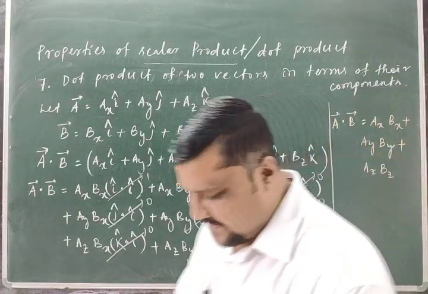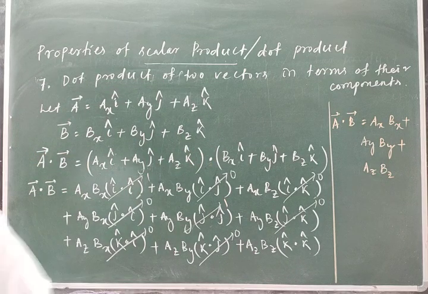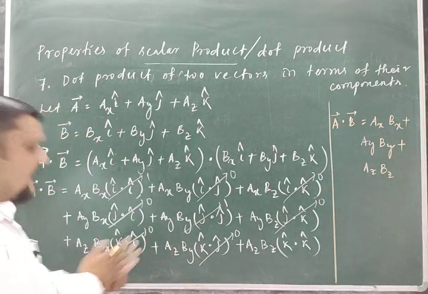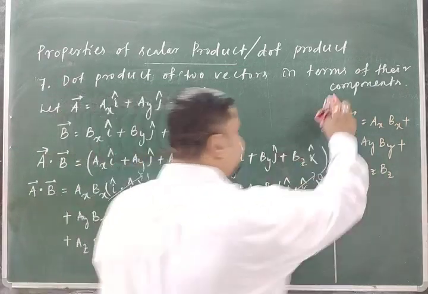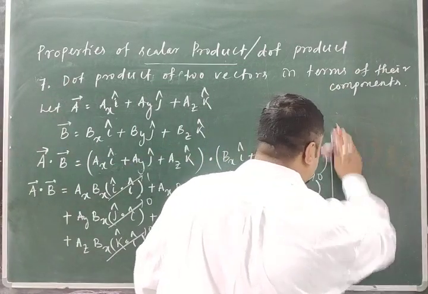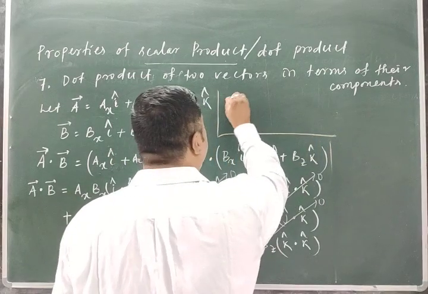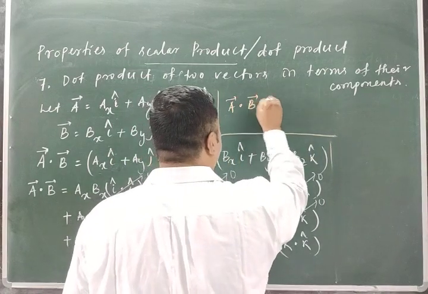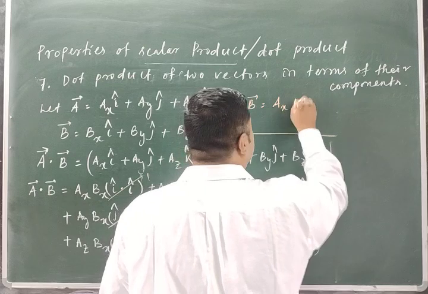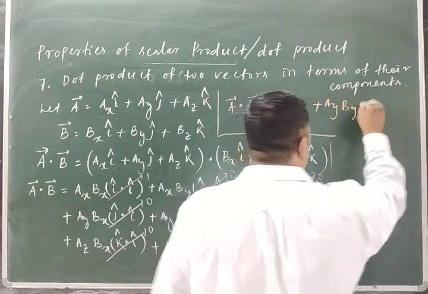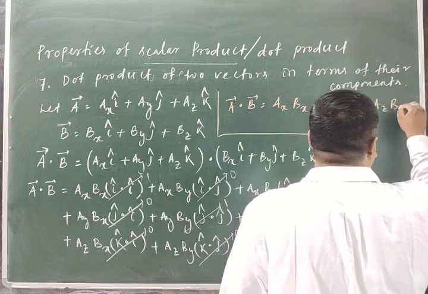So what is the result? A dot B in component form is equal to ax bx plus ay by plus az bz.